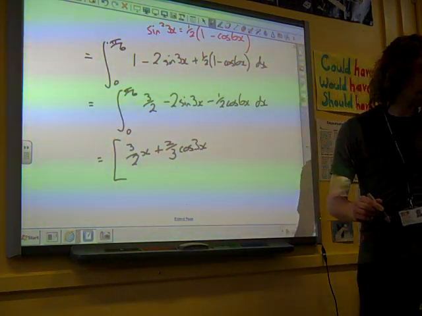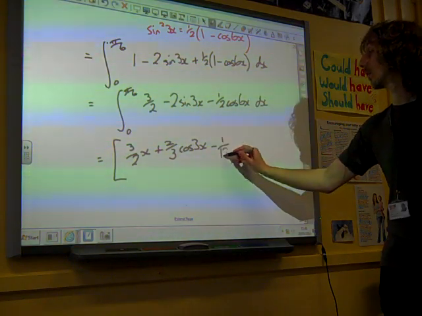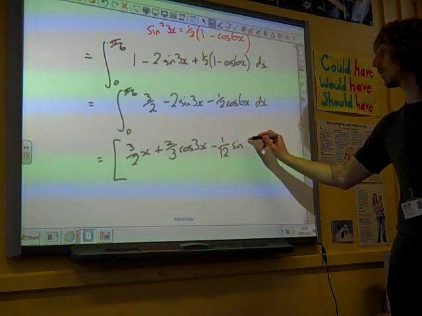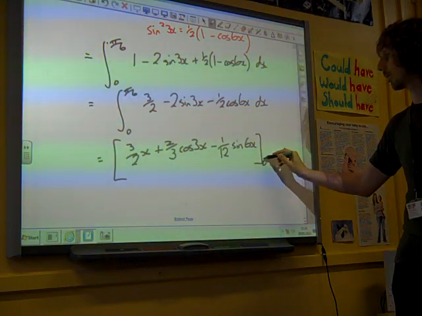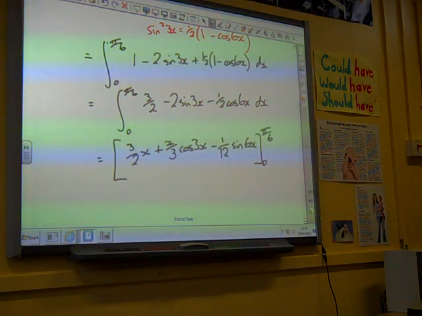Are we happy with that? Half cos 6x, cos just integrates to sine. We're going to divide by the 6, so that's minus a 12th of sine 6x. Okay, we're nearly there, but it took a bit of doing to get to that point.